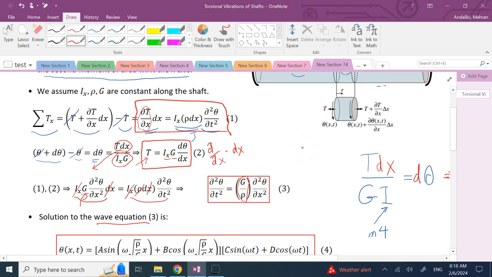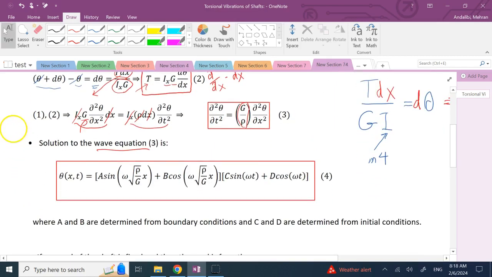So this is still the wave equation, and if you remember, the solution to the wave equation, we showed in that video, comes from separation of variables, and we said it is a function of x times a function of t. So we said something like, for instance, h of x times, for instance, q of t.